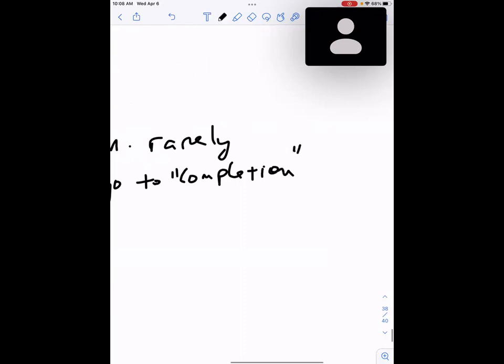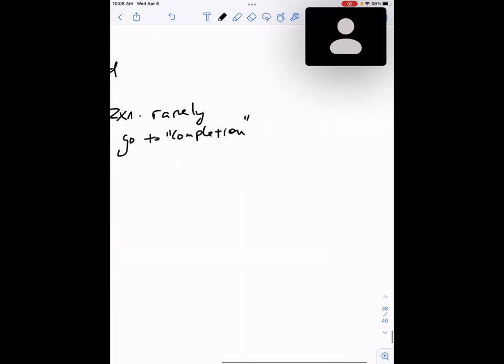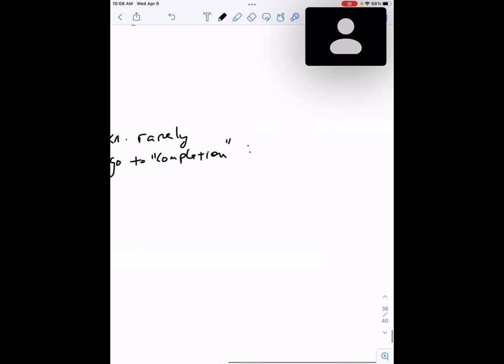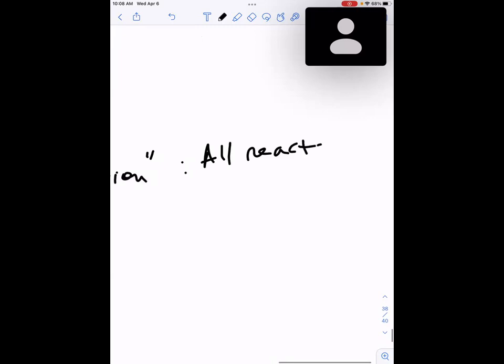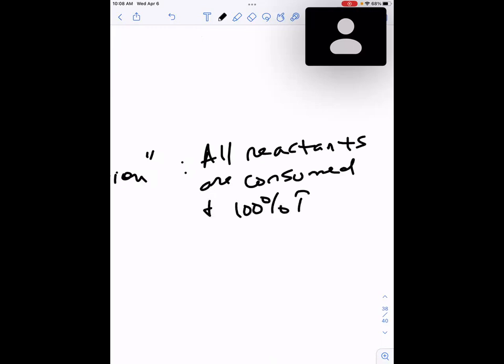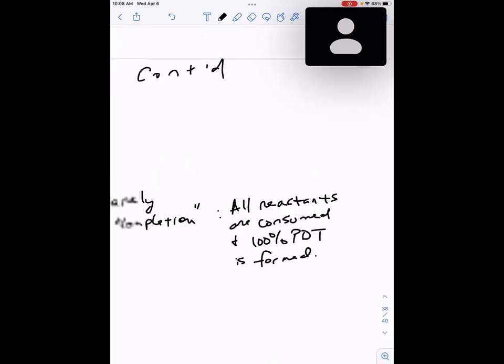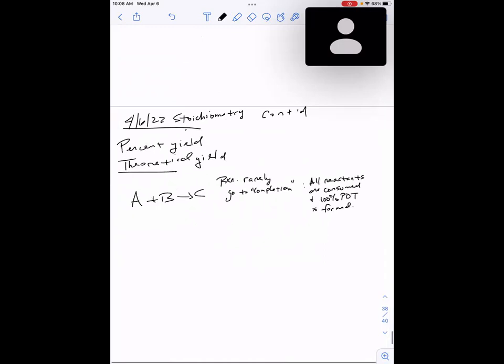It's rare that you get a reaction that actually goes to what we call completion, meaning all of your reactants react and give you 100% product. Some reactions you can get 99% yield, maybe 98% yield, but it's really rare to get a 100% yield. And there's a lot of reasons for that.